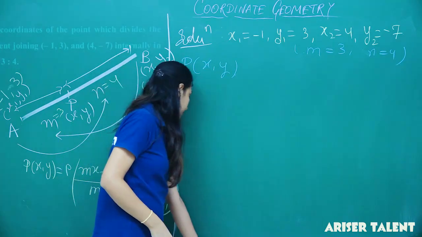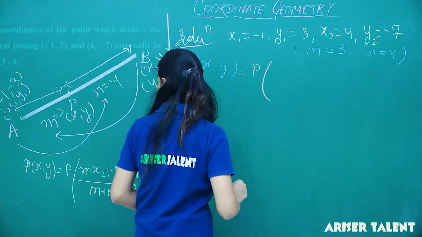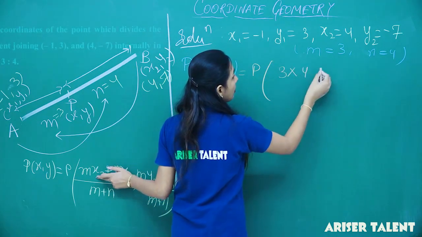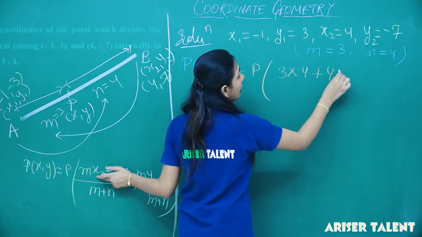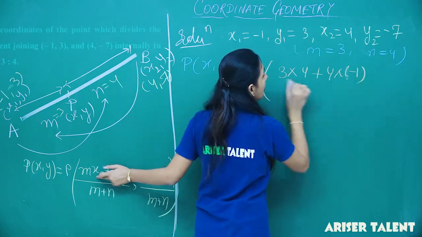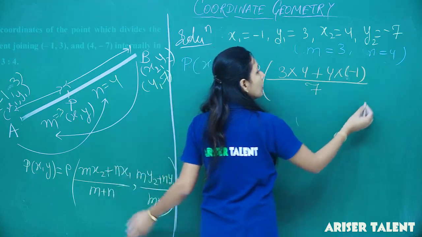So, this is M x2 plus N x1, that's -1, upon M plus N, this is simply 7. Okay.